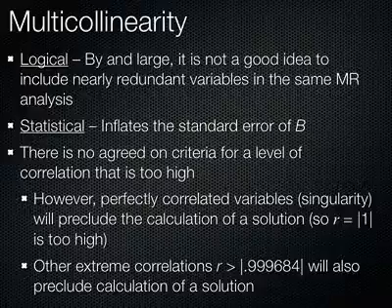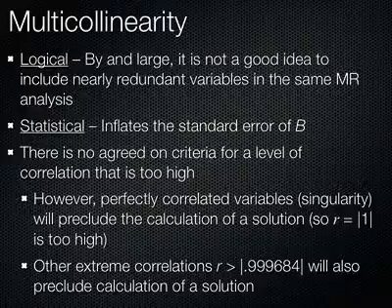So statistically, the problem that's probably most frequently discussed is inflated standard errors. But another thing that would also be true is beta values that become outside of that range of -1 to 1.